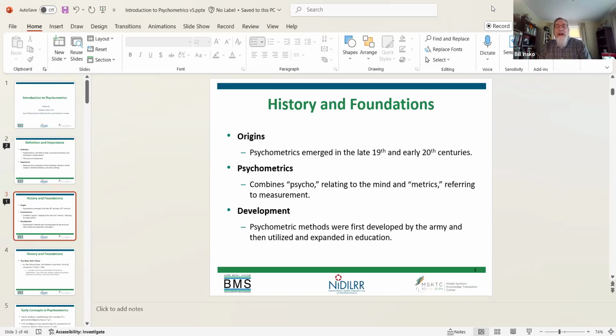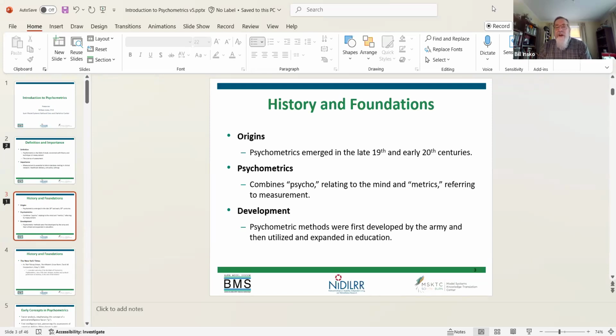Psychometrics emerged in the late 19th and 20th century. Folks were interested in intelligence, essentially, these traits that you can't see. The term, which fits me fine, is psycho, and then metrics, referring to measurement.